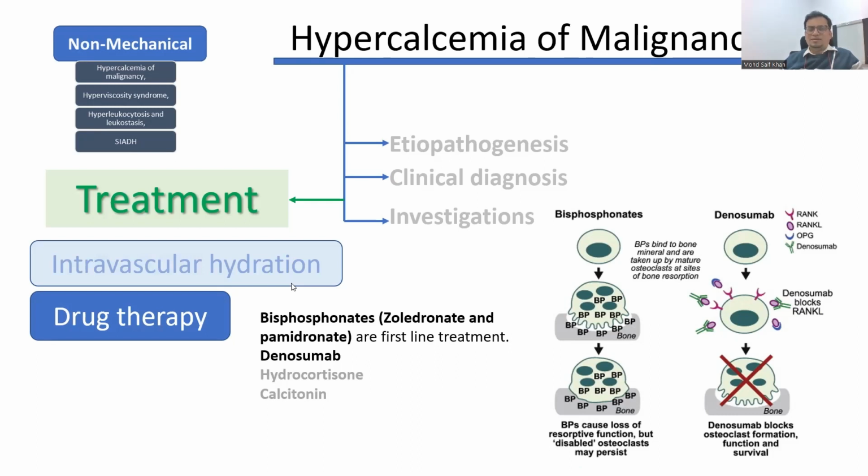And then there are various other agents which I'm not going to talk about because they are not used in the ICU. So we are not going to discuss them. But remember, hemodialysis is generally indicated in cases where you find congestive heart failure or severe kidney injury or extreme hypercalcemia of more than 18 milligram per deciliter.